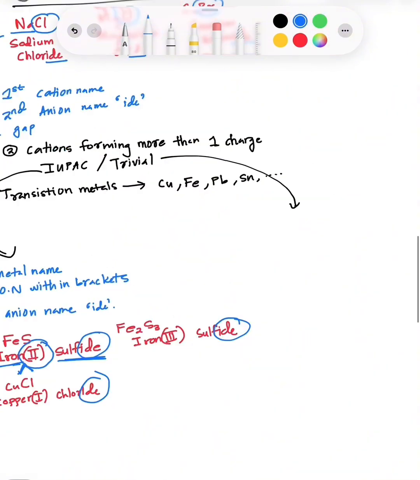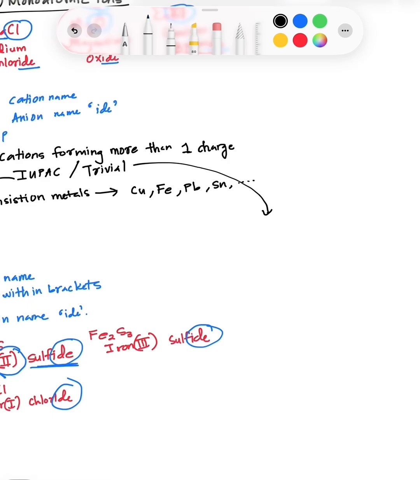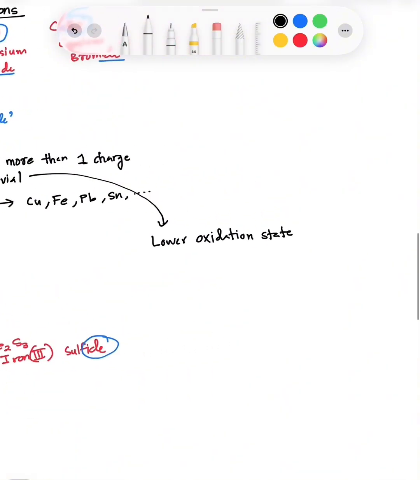See? So the trivial system is not commonly used, but we use it in some cases. When there is a lower oxidation state, we end with OUS. And if there is a high oxidation state, we end it with IC.